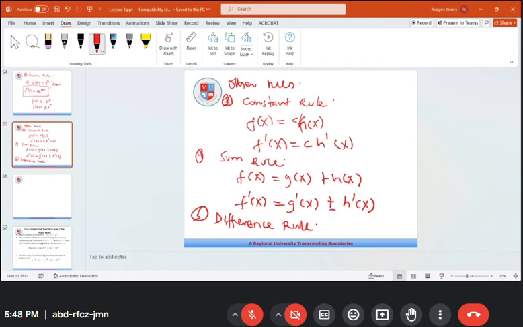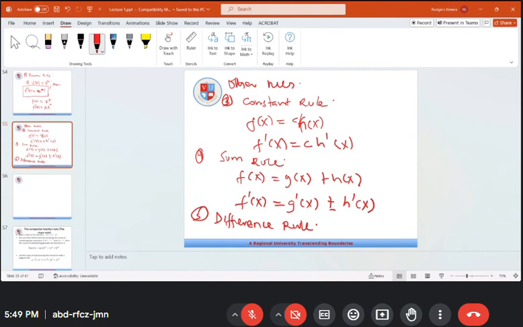Now, I will slow down a bit here when talking about the advanced rules, because ideally, the reason why I'm reviewing it is so that people can make them part of what they know, because there is no way you're going to learn differentiation without knowing these rules.